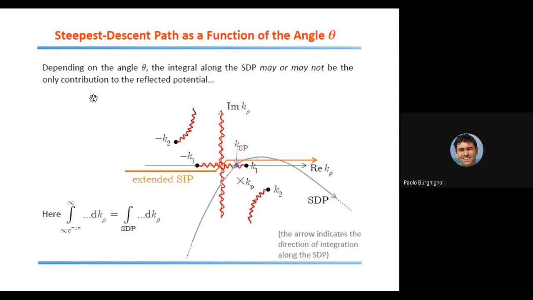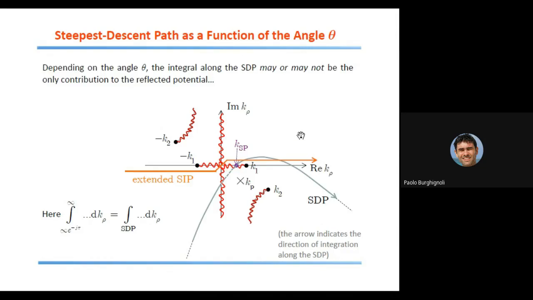Now, we'll consider what happens if you change the angle theta. Then the integral along the steepest descent path may or may not be the only contribution to the reflected potential. Why is this? Well, this is again the situation we have just illustrated. Now you have a single direction along the steepest descent path, since this is a path that is equivalent to the extended Sommerfeld integration path by using Cauchy theorem.